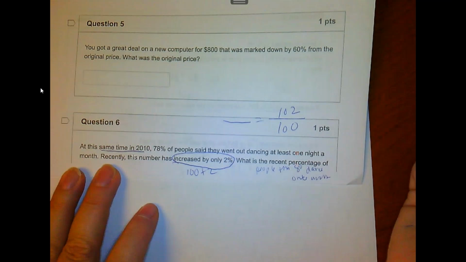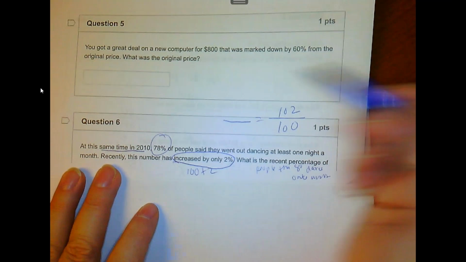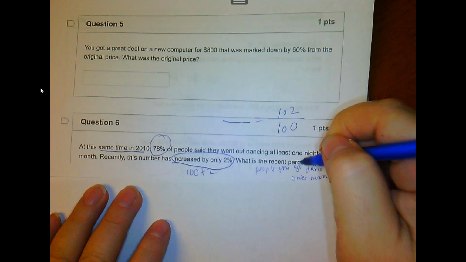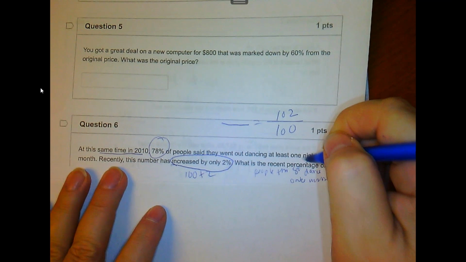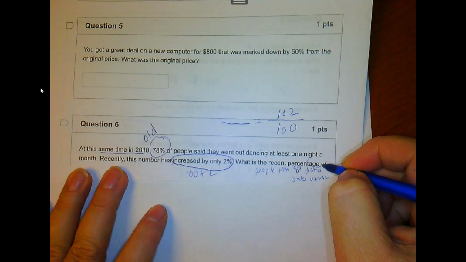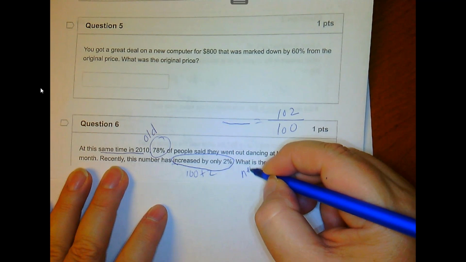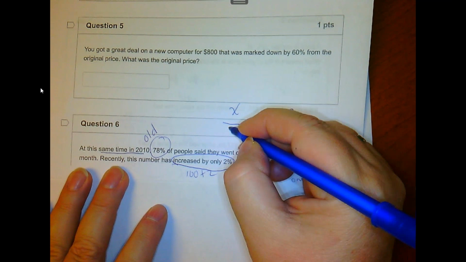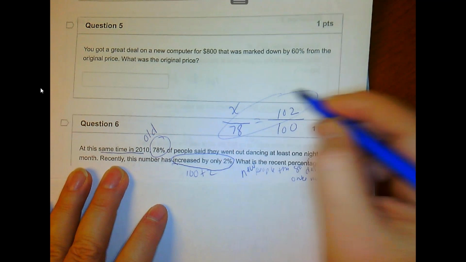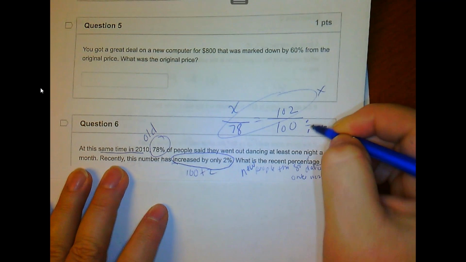At some time in 2010, this is the percentage. They want to know what is it now. So this would be older than right now. Okay. Multiply and then divide.